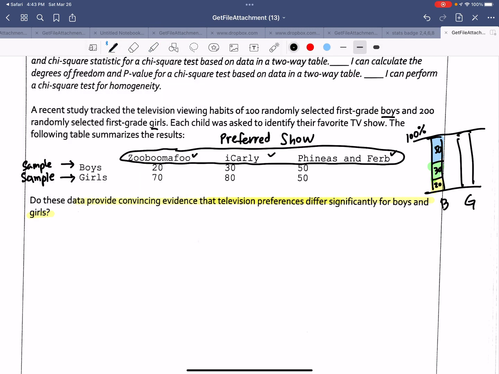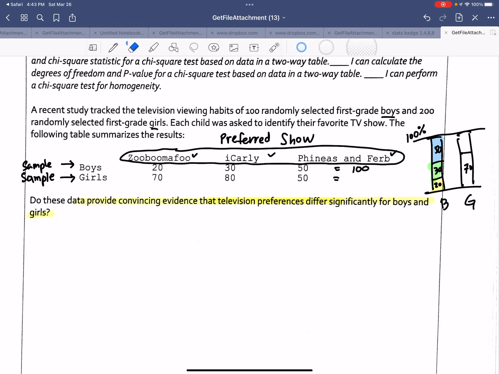As we see here, the girls are 70. Oh, these aren't percent. Okay, hold on a minute. Let me think about this. So this is 20, 30, 50. That is 100 total. But it looks like we asked more girls.